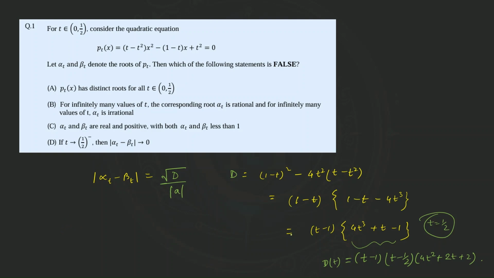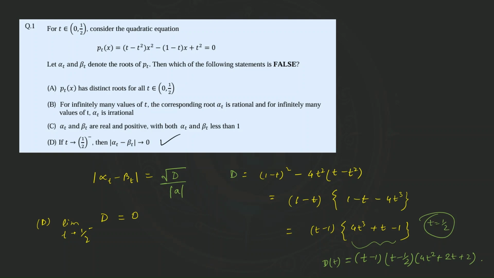So if we check option D here, the limit as t tends to 1/2 from the left of D will be equal to 0, because t = 1/2 itself is a factor of this discriminant. That means the difference of these roots will also tend to 0. That means option D is correct.